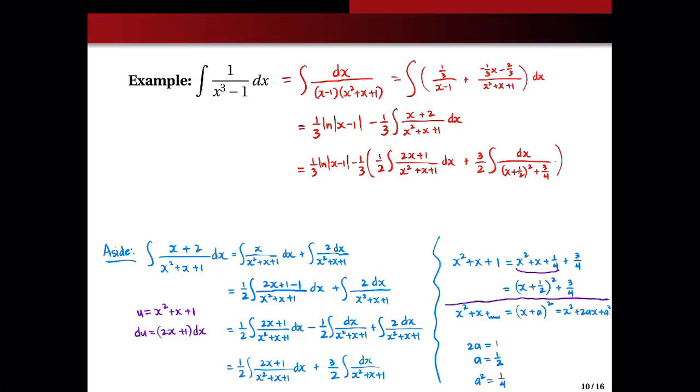Therefore, this guy here, it's just this u substitution. So this becomes ln of the absolute value of x squared plus x plus 1. This guy here, it's tangent substitution, or you can use the formula that we had earlier, but instead of u, you have x plus 1/2.